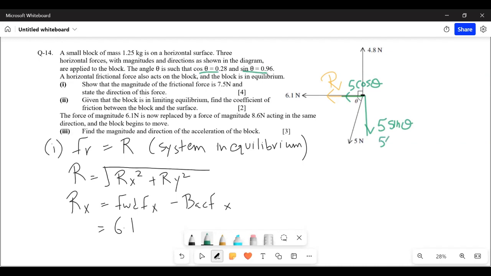So this is going to be 5 times 0.96, which gives us 4.8 newtons.